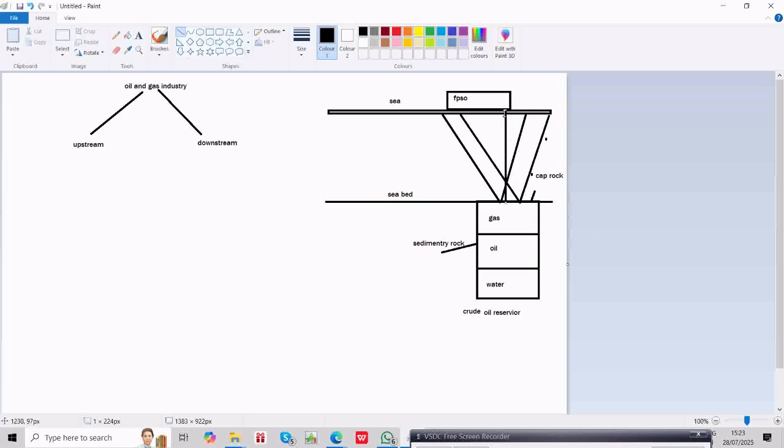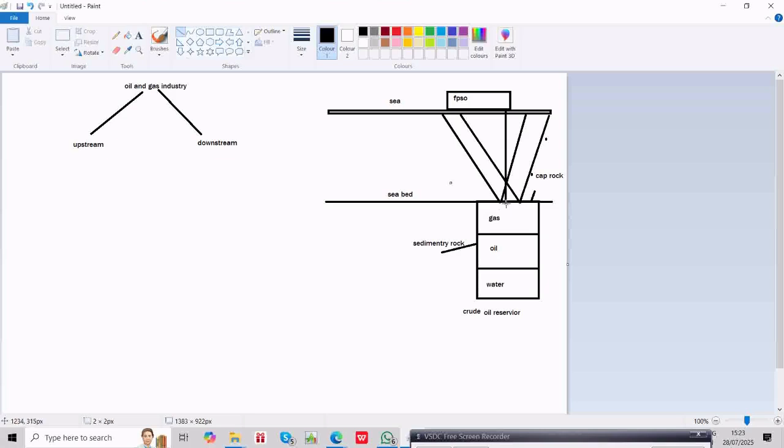The drilling bit is inside an umbilical tube, a flexible tube which carries the drilling bit. There will be some robotic arrangement set up on top of the cap rock. The drilling bit will go through that and make a hole here.